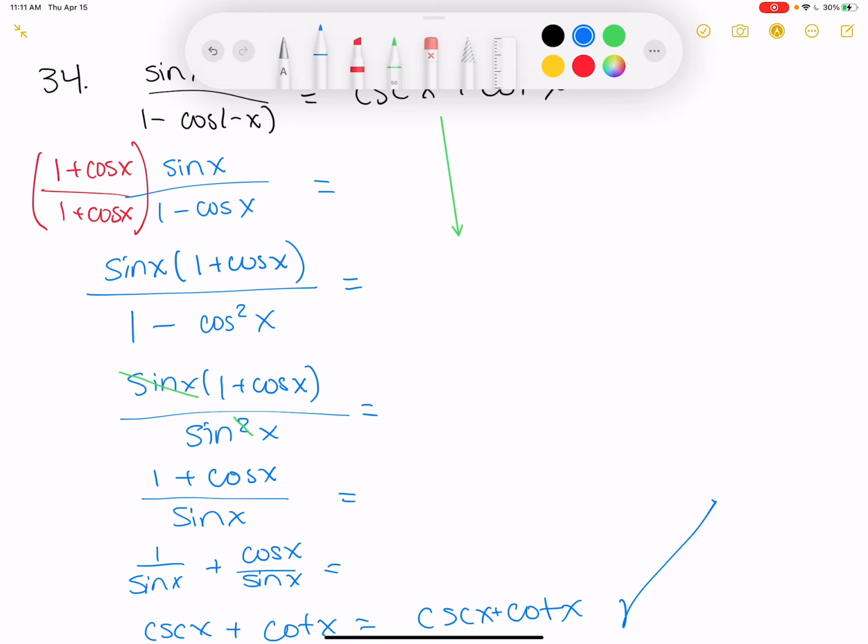Like if this had been instead sine of x over 1 plus cosine of x, I could not have written it as sine of x plus sine of x over cosine of x. That is not true. It has to be the bottom. But if cosine is on the bottom and sine is on the top, then you could write it like that, as long as there's only one thing on the bottom.